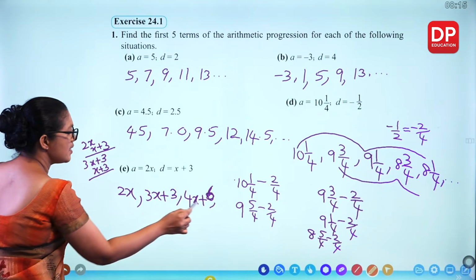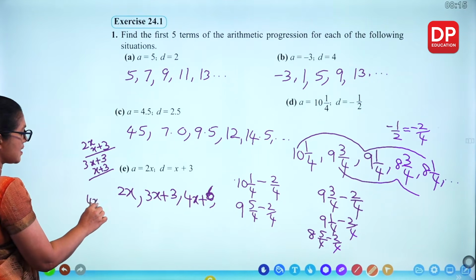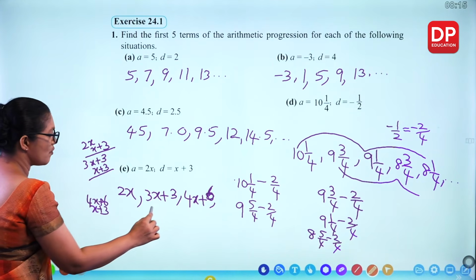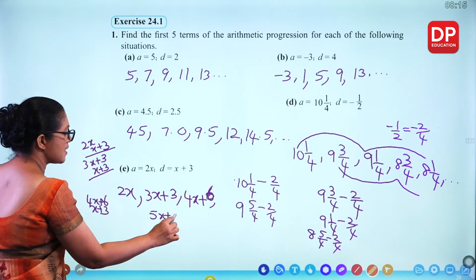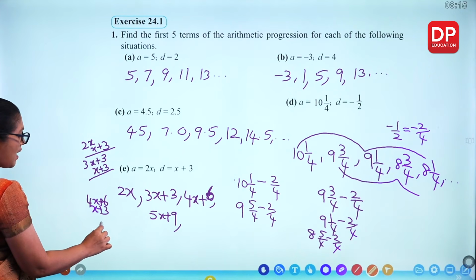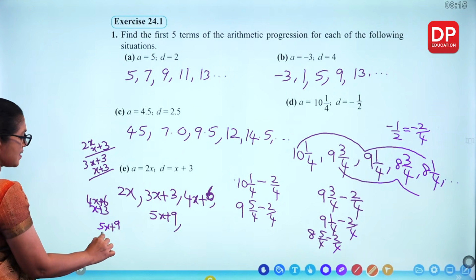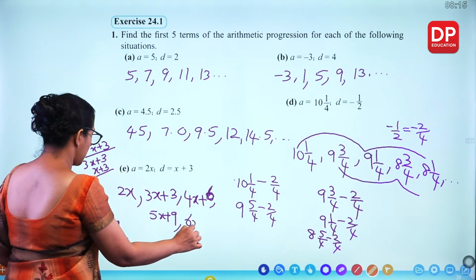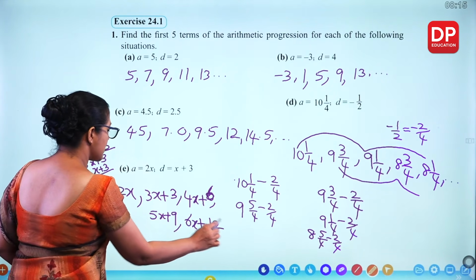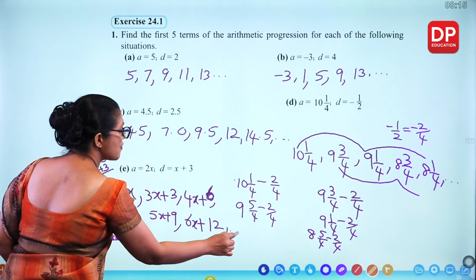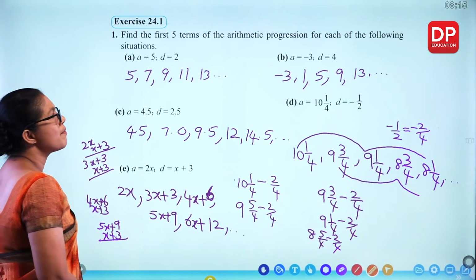What's the next one? 4x plus 6 adding x plus 3. So 5x plus 9. 1, 2, 3, 4. Last one, 5x plus 9 plus x plus 3. You get 6x plus 12. So those are the 5 terms of this arithmetic progression.